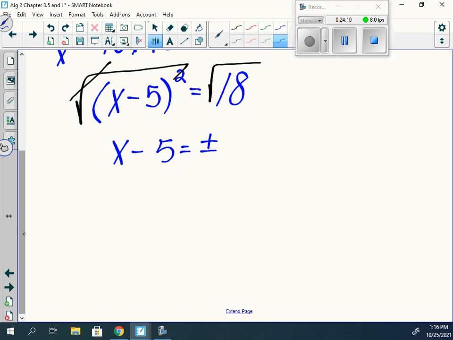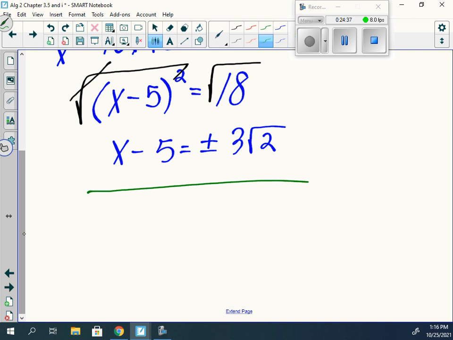Now the square root of 18 would be not 9 square root of 2. It would be 9 times 2, which is 3 square root of 2. Square root of 18 is the same as 3 square root of 2. And last but not least, what do we need to do?